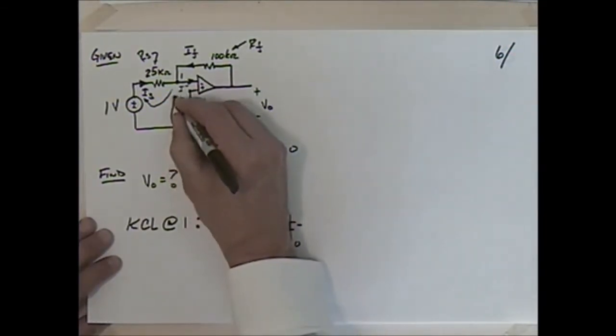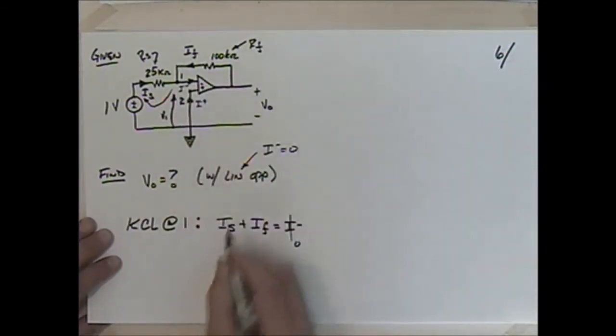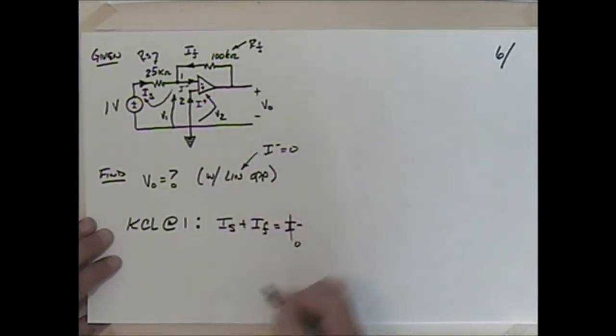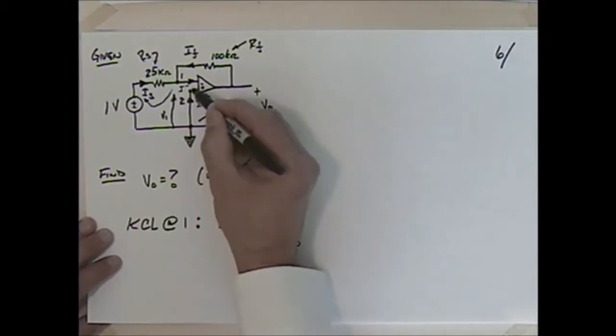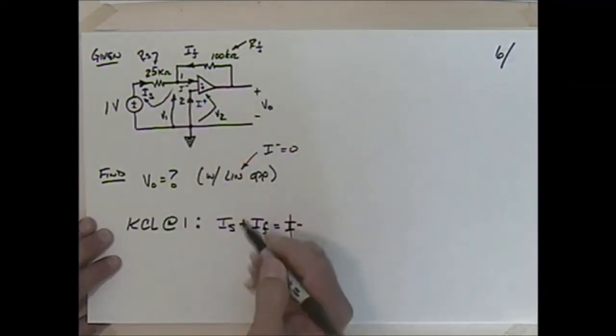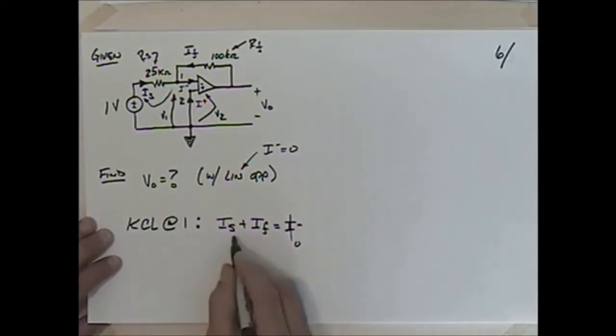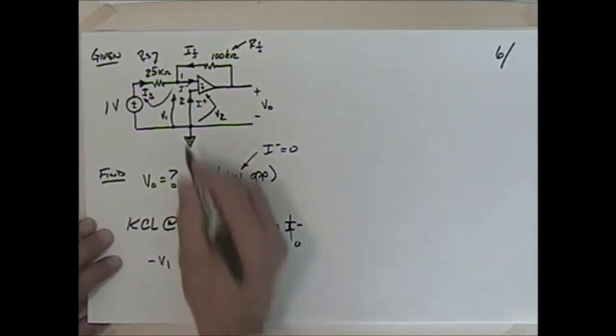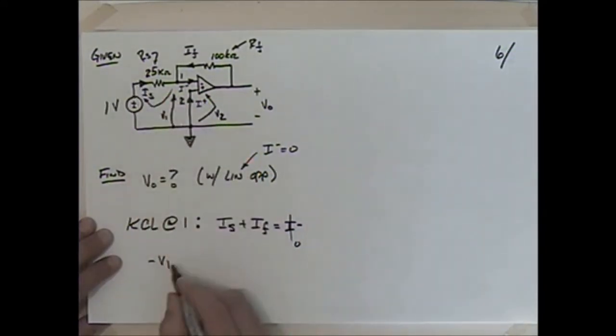Because this voltage up to there would be V1, and the voltage up to there would be V2. So IS would be equal to minus V1 plus 1, and then I just divide by 25K, right?